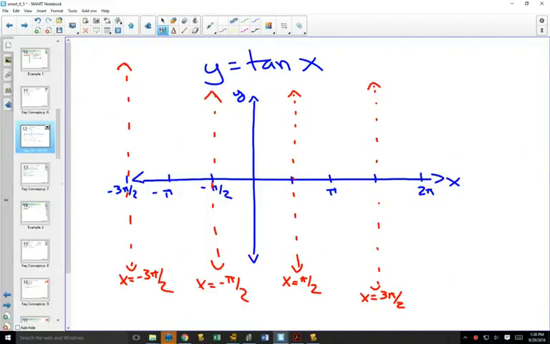There's going to be a whole bunch of asymptotes for our tan graph. Then if we think about our other axes family, what is tan at 0 and pi? It's 0. So we know that at 0 and pi and 2 pi and negative pi, your tan graph is always going to be 0.